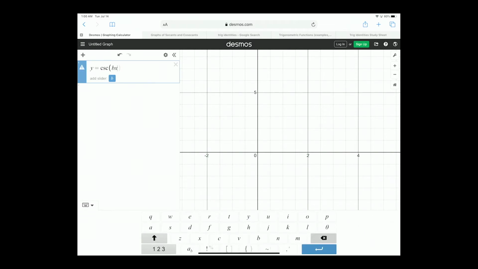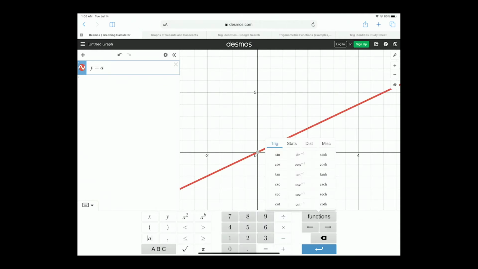Where's my functions? Functions. Secant, cosecant. We're doing cosecant.